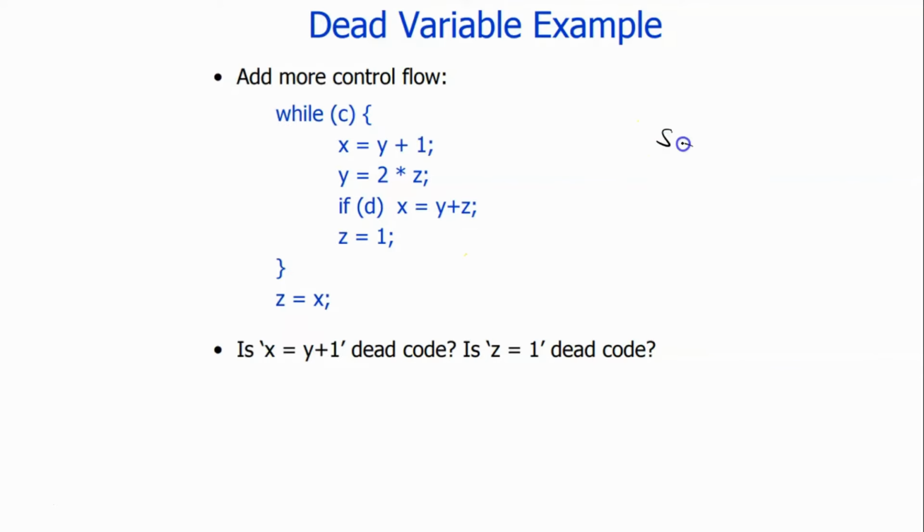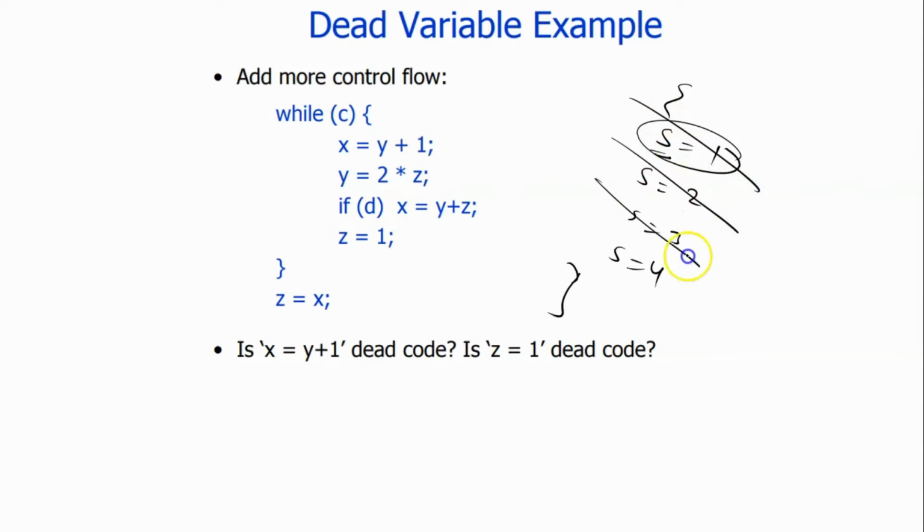Now if I give you s equal to 1, s equal to 2, s equal to 3, s equal to 4, this type of sequence, which I gave you at the beginning of the lecture, you can see this is dead code, because this definition is not being used anywhere. This is dead code, this is dead code, this is dead code, this is not dead code. That's why you can eliminate these things.